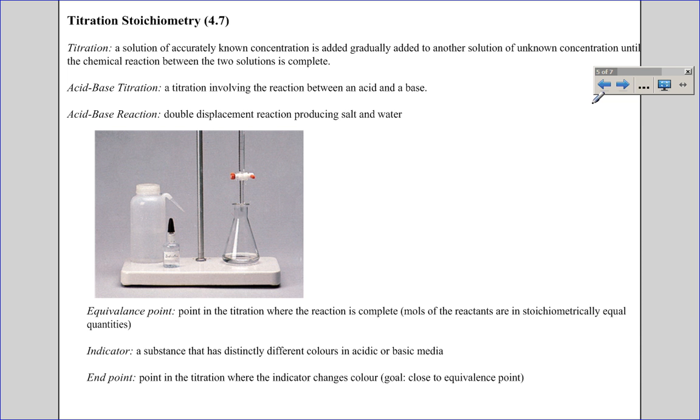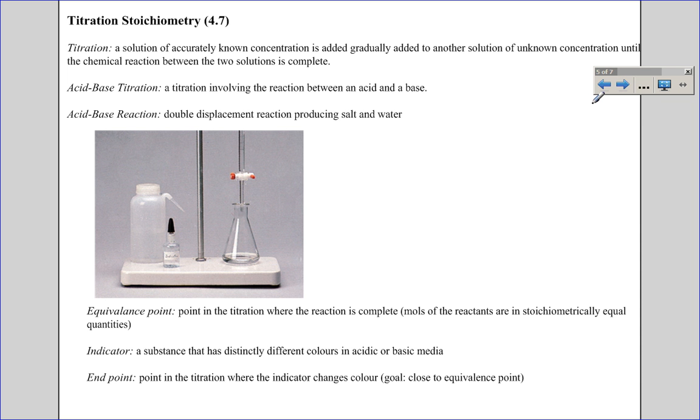So you want to add just the right amount of your known, for example, to your unknown solution so that they are perfectly reacted based on their stoichiometric ratio. When you've got this complete reaction, then you're going to be able to use the data that you've collected in the experiment in order to calculate the unknown concentration.